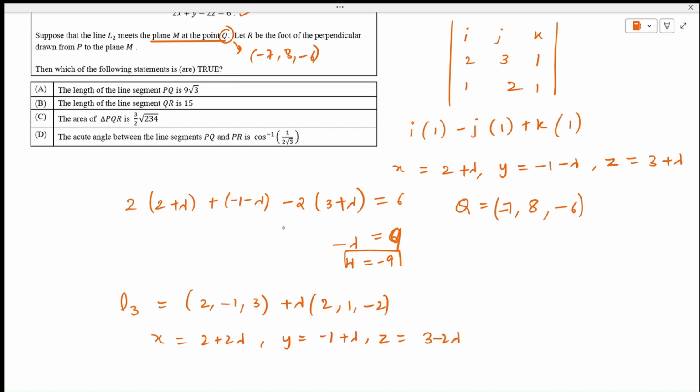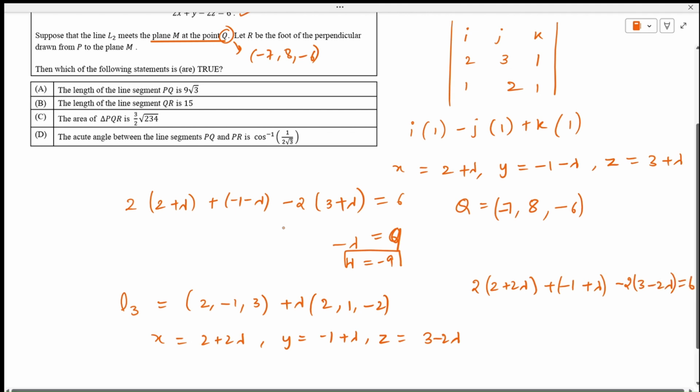Since this is a point on plane M, we can write 2 of x, which is 2 plus 2 lambda, plus y, which is minus 1 plus lambda, and minus 2 of z, which is 3 minus 2 lambda, equal to 6. So first, 2 is 4, minus 1 is 3, minus 6 is minus 3, so it becomes 9 on the other side.